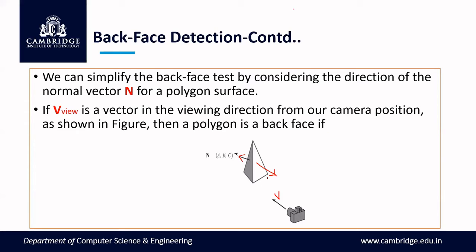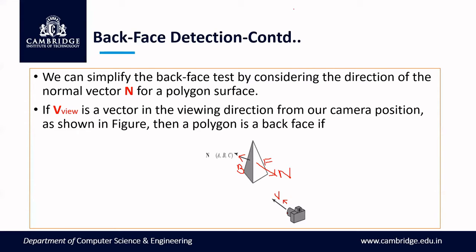So this is the normal vector for this. So accordingly, this face should be a front face. This face should be a back face, right? For the viewing direction, this is my viewing direction from the camera.